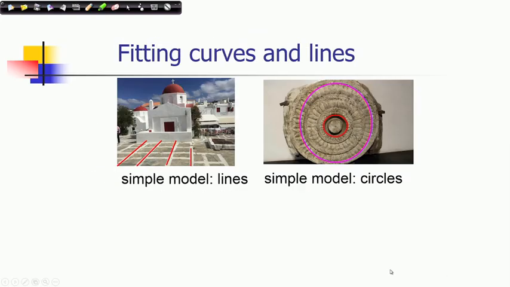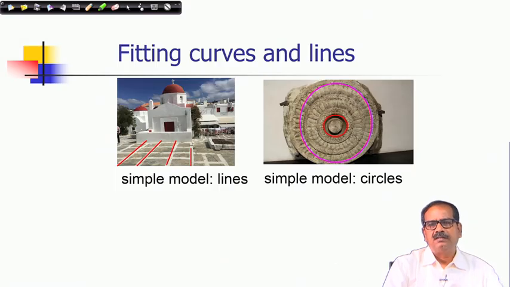Some examples of model fitting are observed in imaging. We have discussed some examples regarding homography computation, fundamental matrix computation, or projection matrix or camera matrix computation. But from the geometric relationships in a two-dimensional image, there are some simple models.